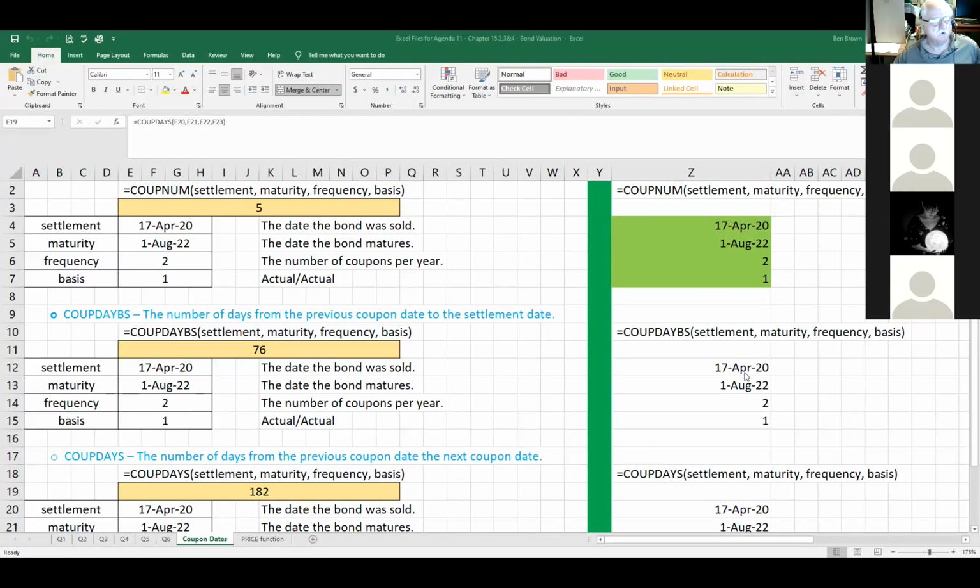So I've stopped sharing that. And now let's go over to my Excel spreadsheet. Can you see it? Yes, sir. Okay. Now, what was the maturity date that we're looking at in that question? I can't see the question anymore.